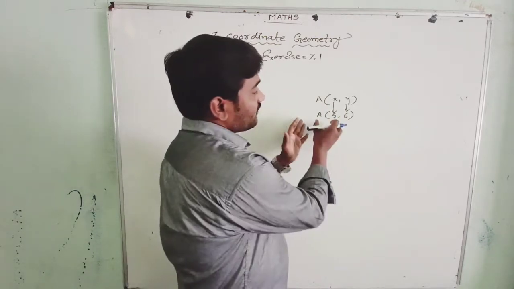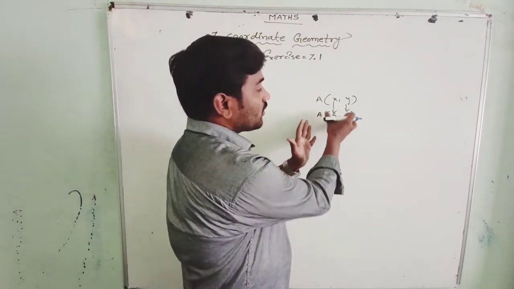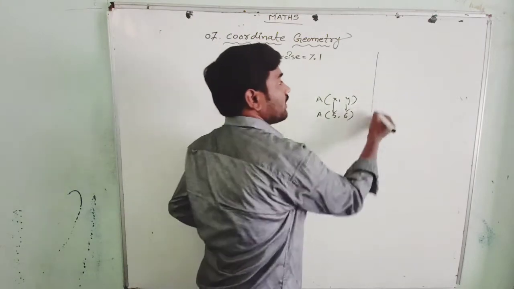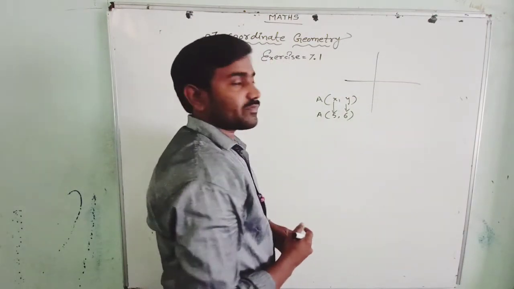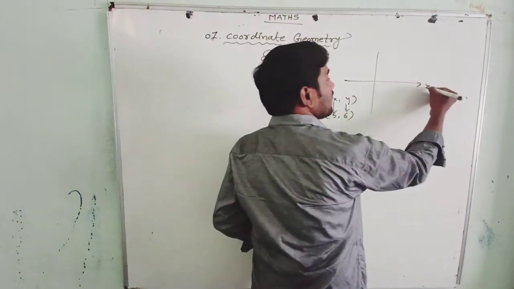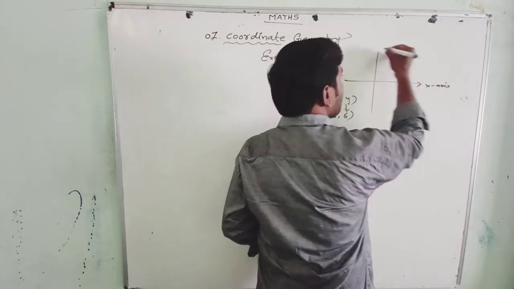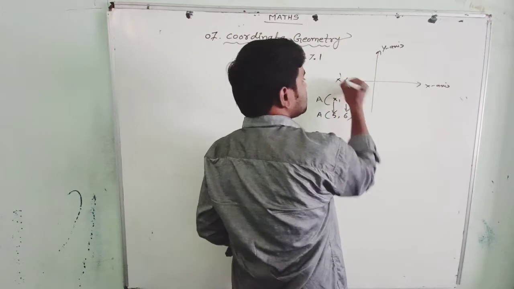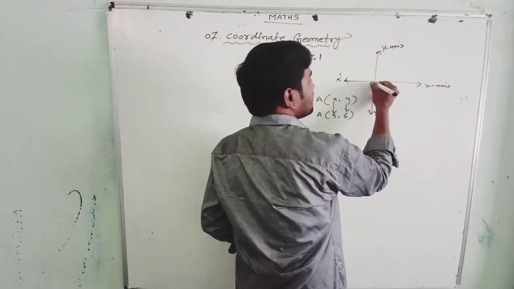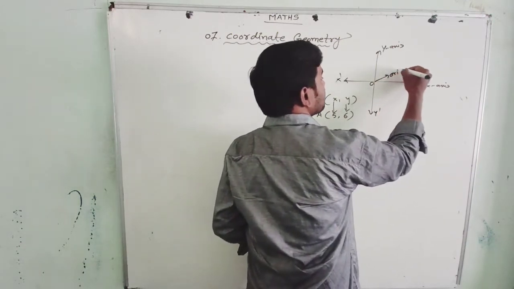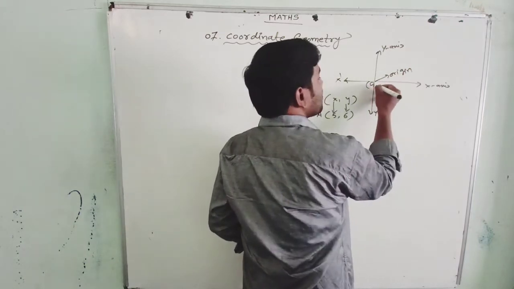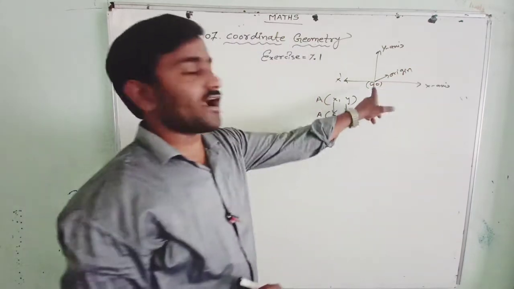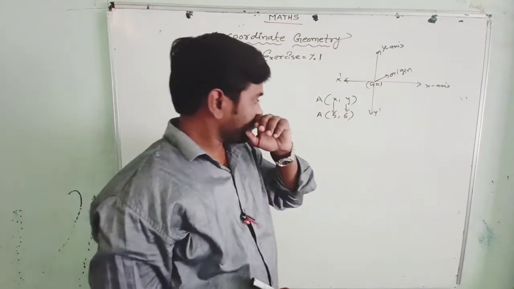We know how to locate this point on the Cartesian plane, where there is the x axis and the y axis, x dash and y dash, and the origin, where the x comma y values are 0. That point is known as the origin.